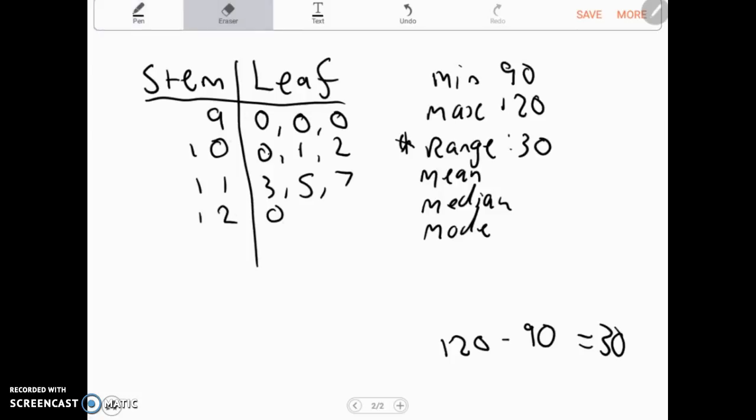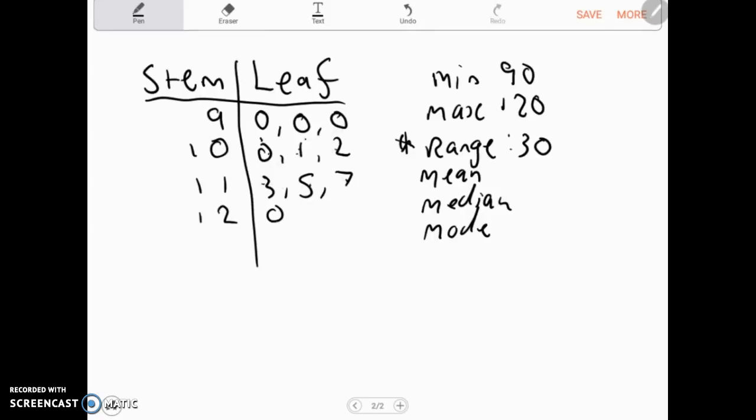Okay? The mean, again, we're going to add them all up. I'm not going to write them down. I think you guys understand the mean pretty well. 90 plus 90 plus 90 plus 100 plus 101 plus 102 plus 113 plus 115 plus 117 plus 120 equals 1038, divided by the number of data points, 1, 2, 3, 4, 5, 6, 7, 8, 9, 10.